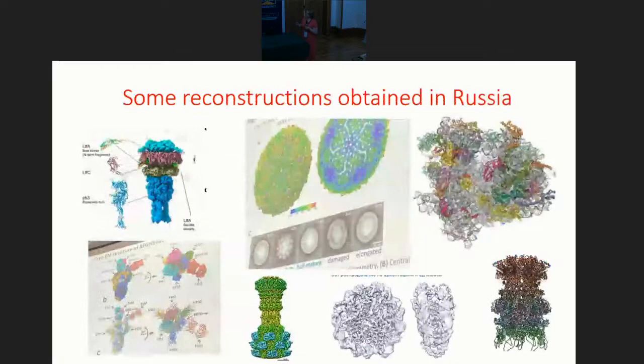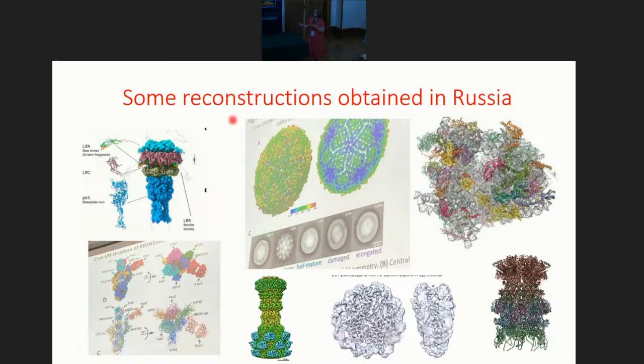So here I just would like to show you some cryo-electron microscopical reconstructions obtained in Russia. You can see 2 of them I just grabbed today from the screen, and some of them I grabbed from the internet, from the published papers.